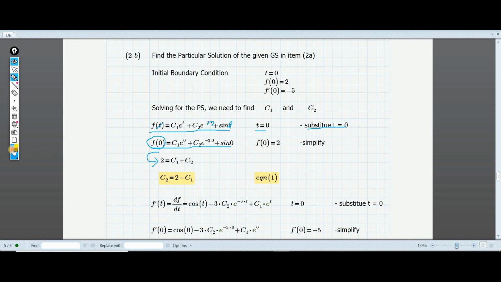And then, e raised to 0 is 1. Okay, and then this is negative 3 times 0. So, e raised to 0 is also 1. So, we have here c sub 1, c sub 2. And then sine 0 is also 0. Now, we have here our equation number 1. So, we have c sub 2 is equal to 2 minus c sub 1.